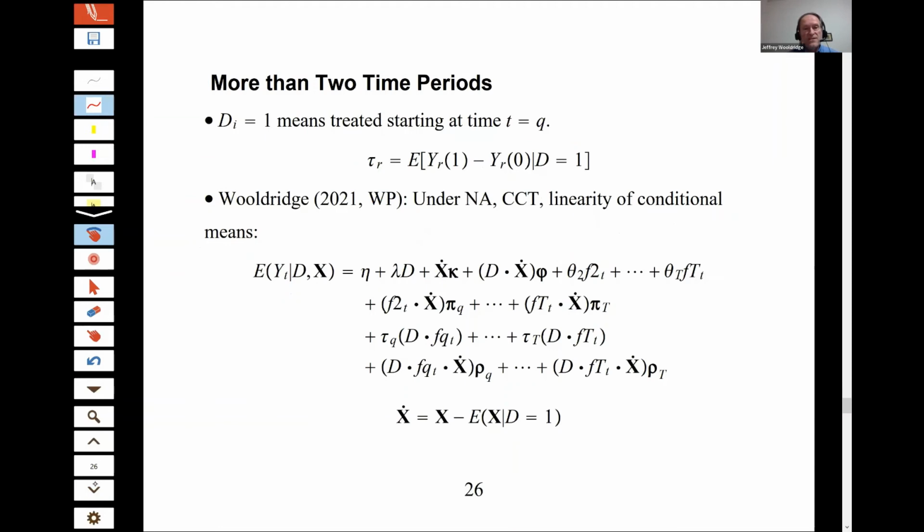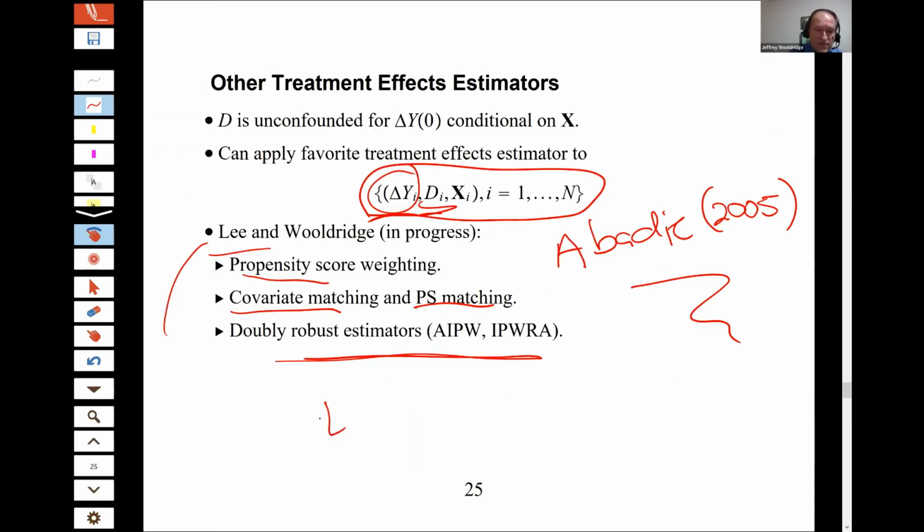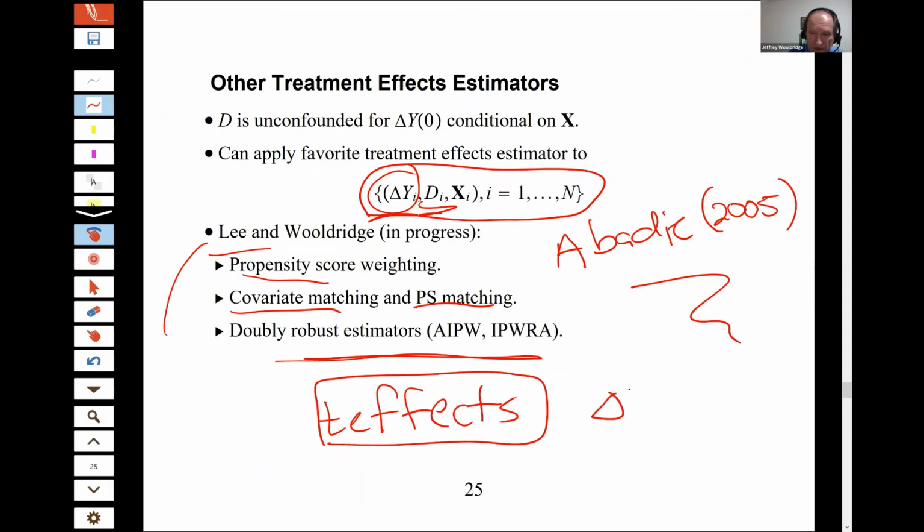But the point is, you can do this, and for those of you who are familiar with Stata, this teffects command in Stata does all of this stuff. And the only thing is you apply it to the change in Y rather than the level of Y itself.